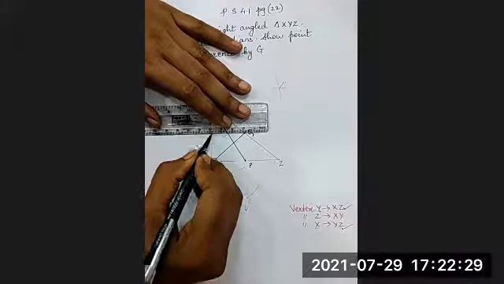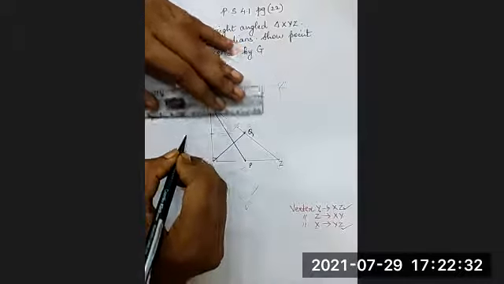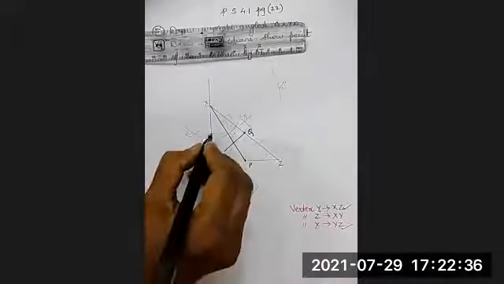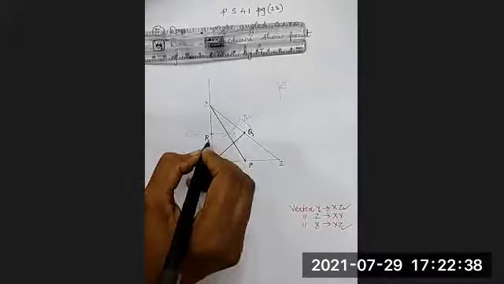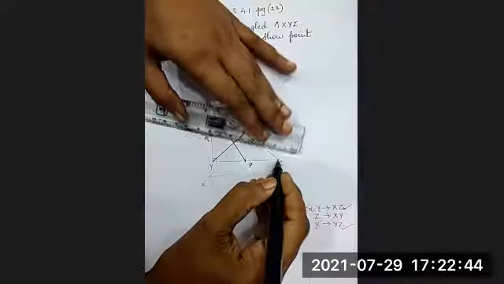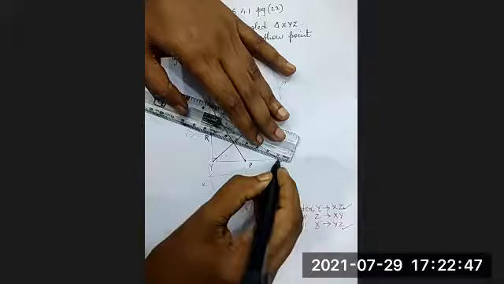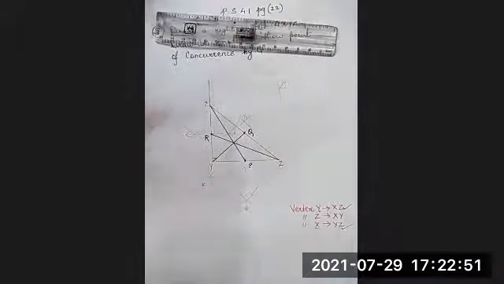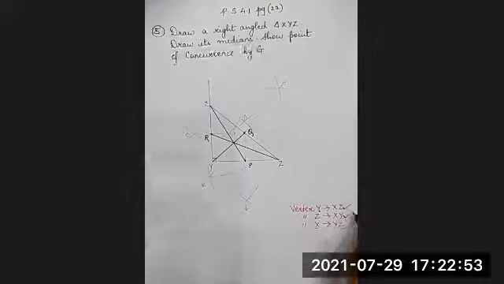This is the midpoint. I name this point as R. Now for side XY, the vertex is Z. So from vertex Z, draw a line joining the point R. So my third median is also over.